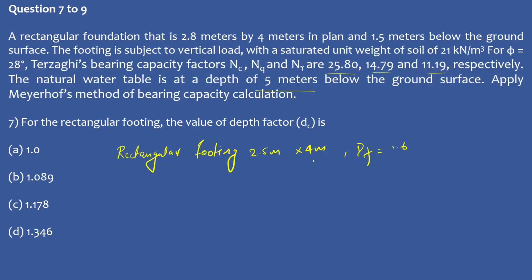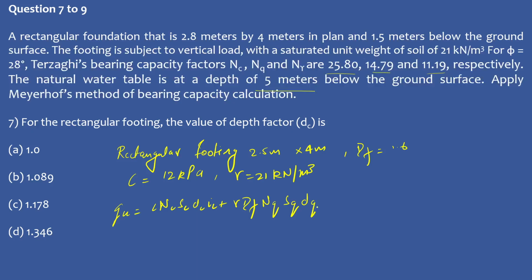Let's solve this. So for the rectangular footing, the value of the depth factor Dc we need to calculate. So c is your 12 kPa, gamma is equal to 21 kilonewton per meter cube, and Nc, Nq, N gamma are given to you. So for calculating qu, it's c Nc Sc Dc Ic plus gamma Df Nq Sq Dq Iq plus 0.5 B N gamma S gamma D gamma I gamma.